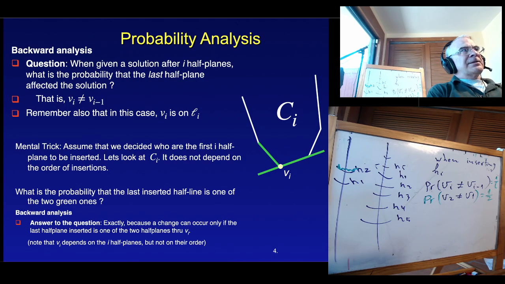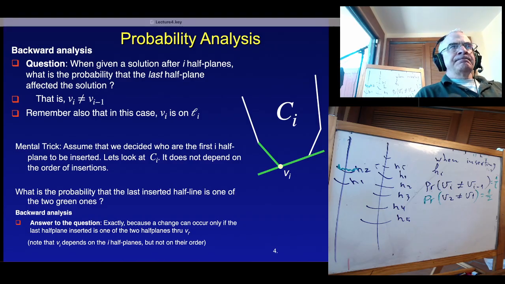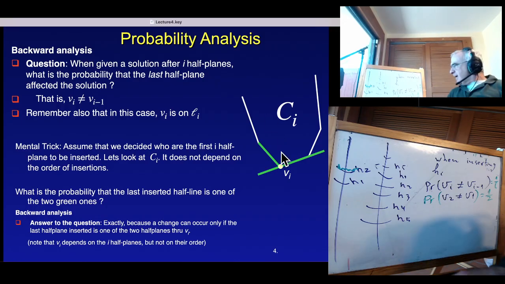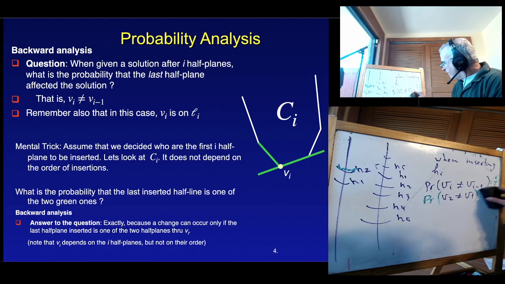As you guess, what we are going to do next is to insert them, but in a random order. We'll first permute the array that contains these half planes, and only then we insert them. And then I'll ask the same question.